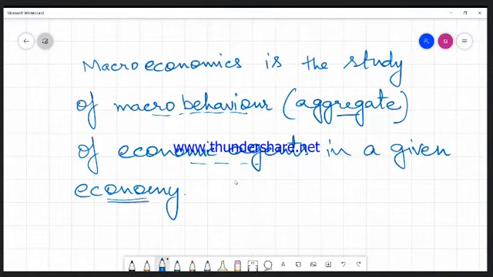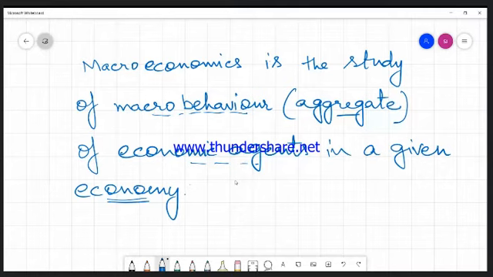So for macroeconomics, the subject of study is a particular economy, any economy. It can be the Indian economy, the US economy, the Chinese economy, or Afghanistan's economy.